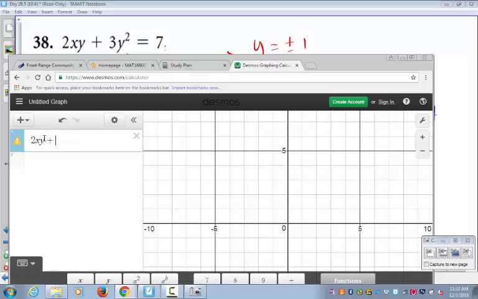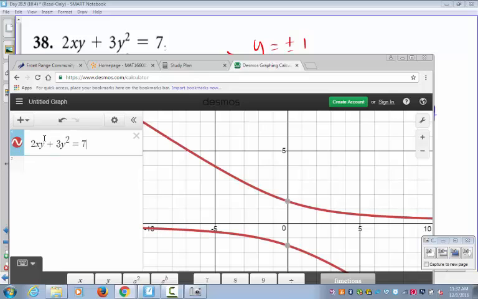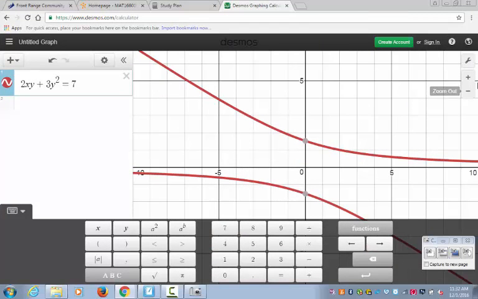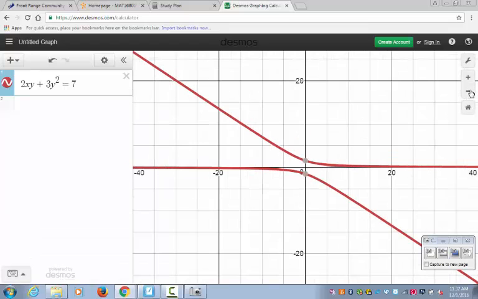Anyone else want to guess? A tilted hyperbola. With that mixed term, I was going to say there's a really good chance it's tilted. And what is it? Well done, John Paul. A tilted hyperbola.